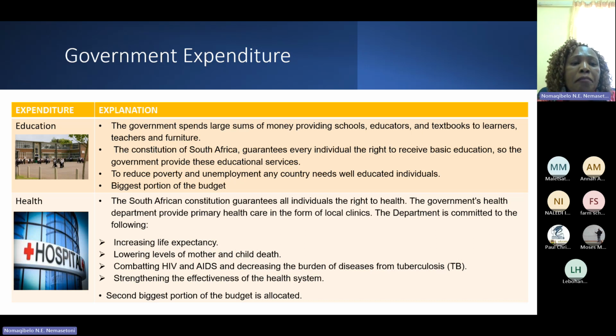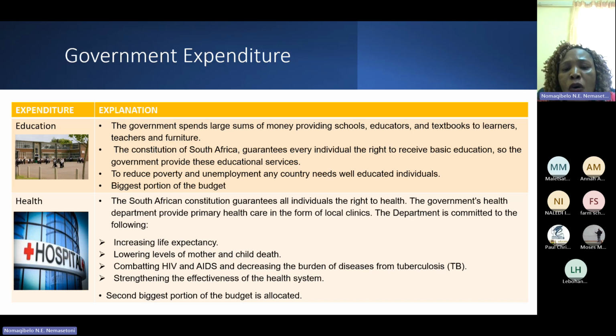And then another money is also spent on health. The South African Constitution guarantees all individuals the right to health. The government's health departments provide primary health care in the form of local clinics.